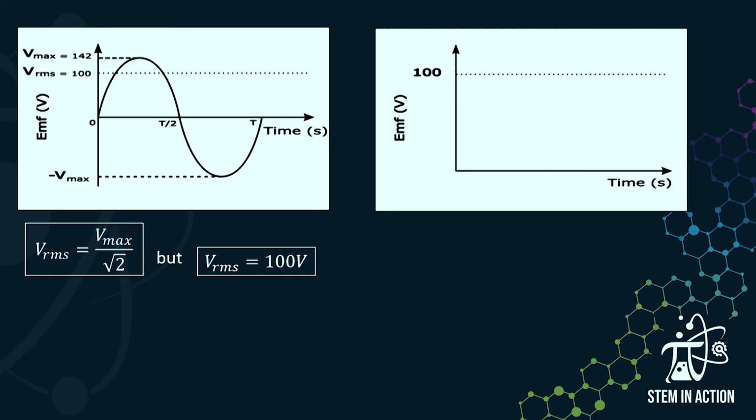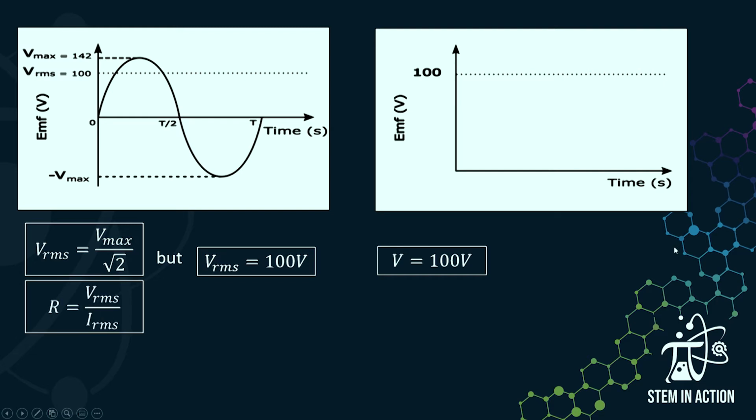In this case, we know that VRMS is equal to 100 volts. We can read it off the graph. And we also know in this section here, in our DC circuit, our Vmax, or our V or EMF, is equal to 100 volts. All good.